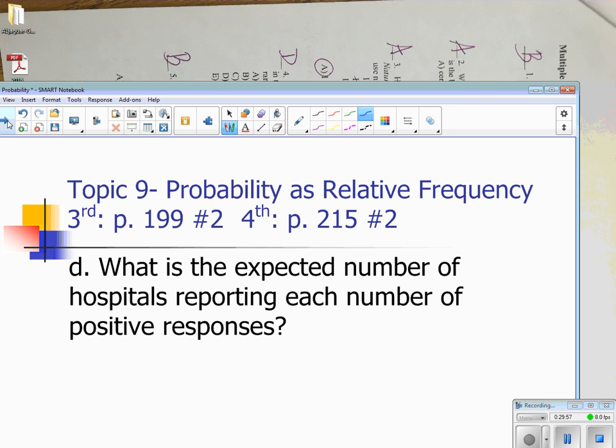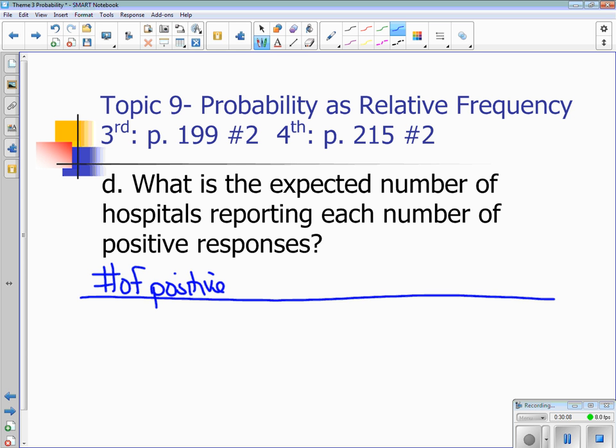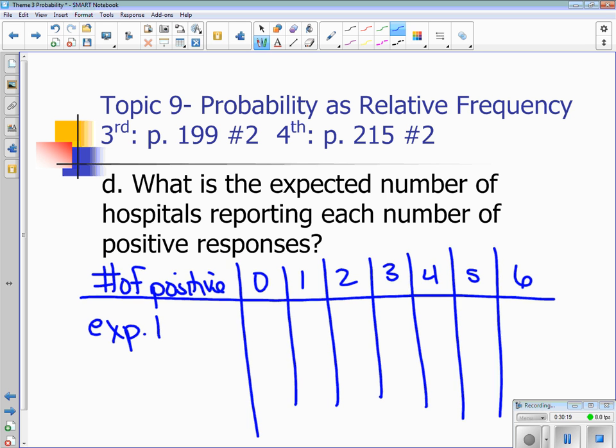That's not what you do at all. I told you wrong. Sorry. It's the number of positive responses. So you know you're going to have 0 through 6, right? And then you're looking for the expected number of positives.